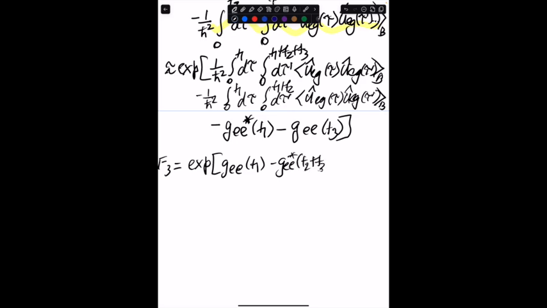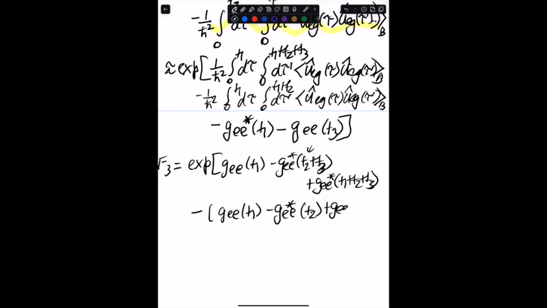I urge you to think of it carefully and do it slowly if you're confused here. Plus g star (T1 plus T2 plus T3) minus g(T1) minus g star(T2) plus g star(T1 plus T2) minus g star(T1) minus g(T3).